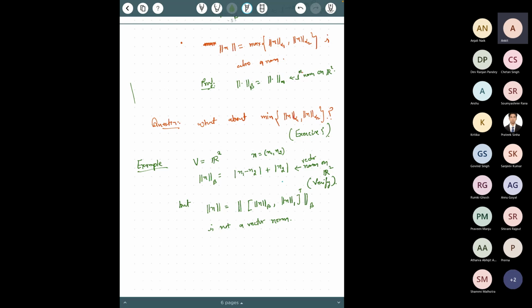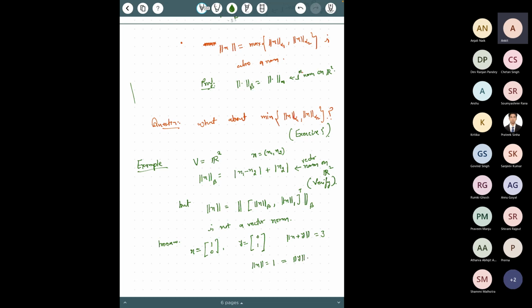So why is this not true? Because it does not satisfy the triangle inequality. If you take x as (1, 0) and y as (0, 1), then you take x plus y and calculate this norm, the function value of x plus y would be 3. And if you calculate the function value of x under this function, it is 1, which is also the same as the function value of y.